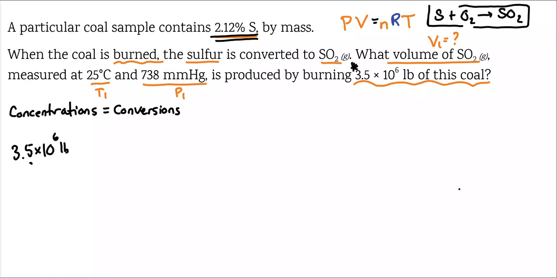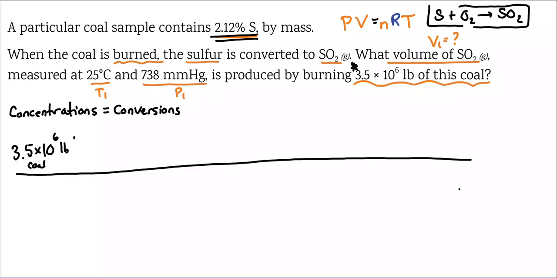We want to get it into a mass that we're used to using. There are 2.205 pounds for every kilogram. Well, for every kilogram, there are 1,000 grams. So I can go ahead and put these together and do it in one shot, but still reveal that I know exactly what I was doing in order to get the coal amount in grams.